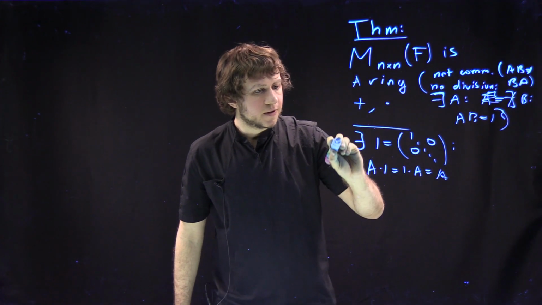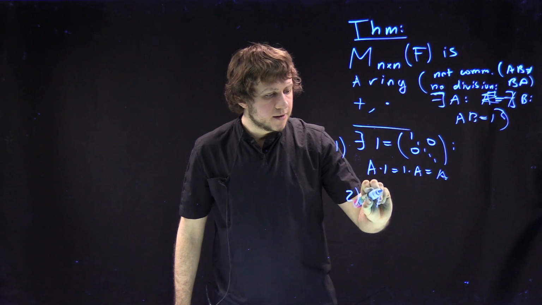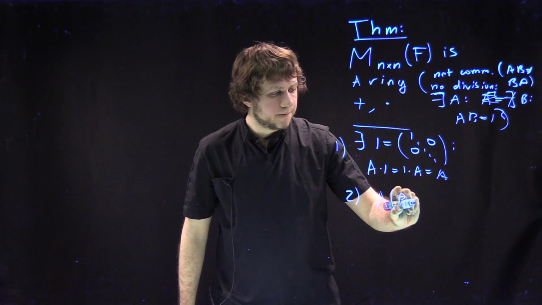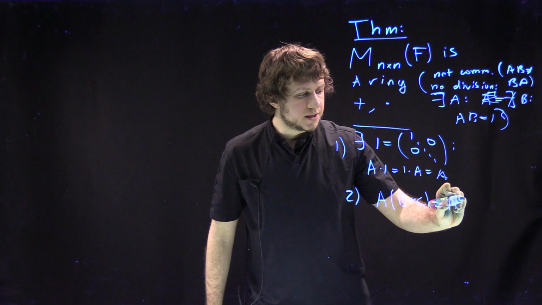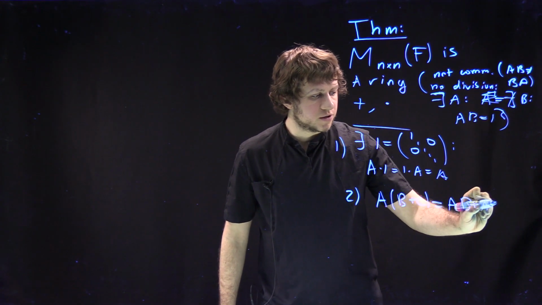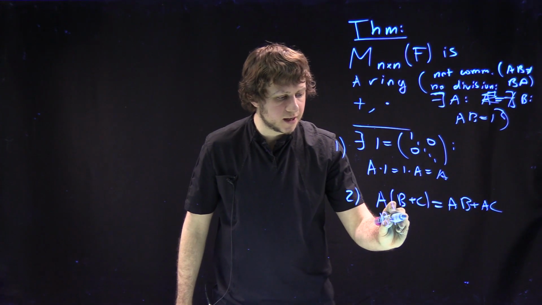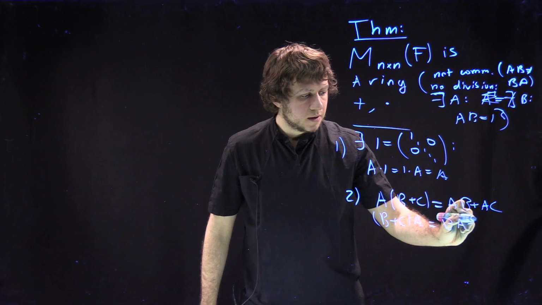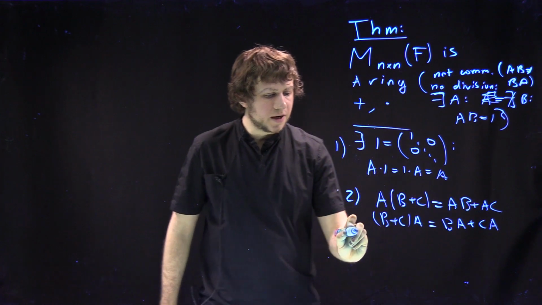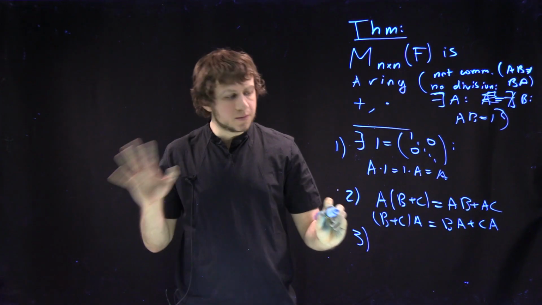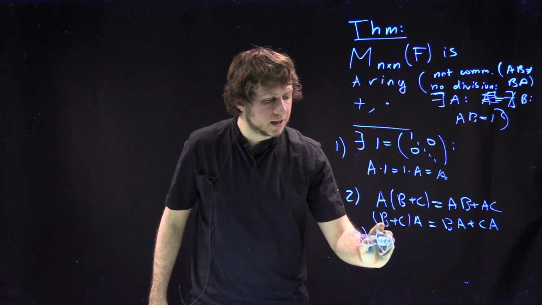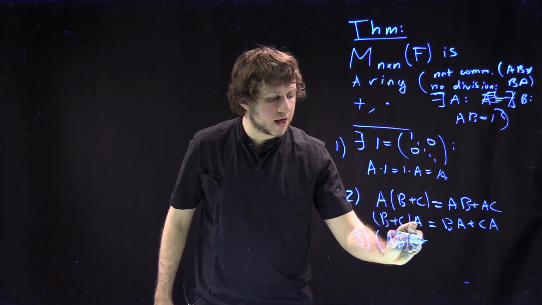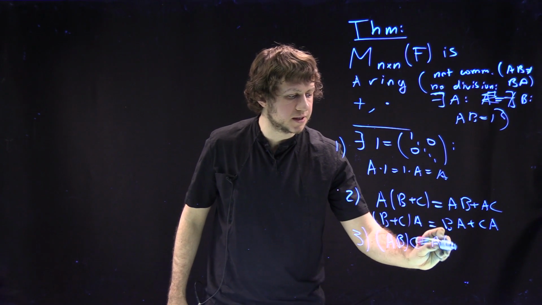Another property is that A times (B plus C) is AB plus AC. This is really easy. That's called distributivity. And also (B plus C) times A is BA plus CA. And actually, surprisingly, for matrices, the key property, which is the most important and the hardest one, is associativity: AB times C is A times BC.